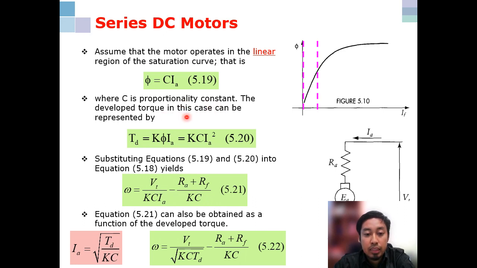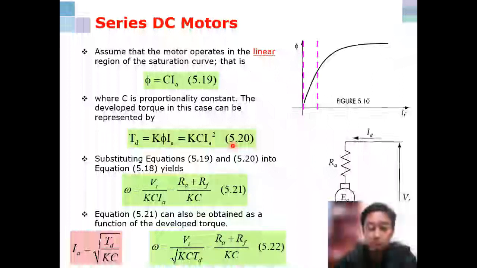The developed torque in this case is equal to KφIA. If you replace flux with C times IA, you get the torque developed equal to K times C times IA squared, which is equation 5.20. Try to jot down this equation on your blank paper.